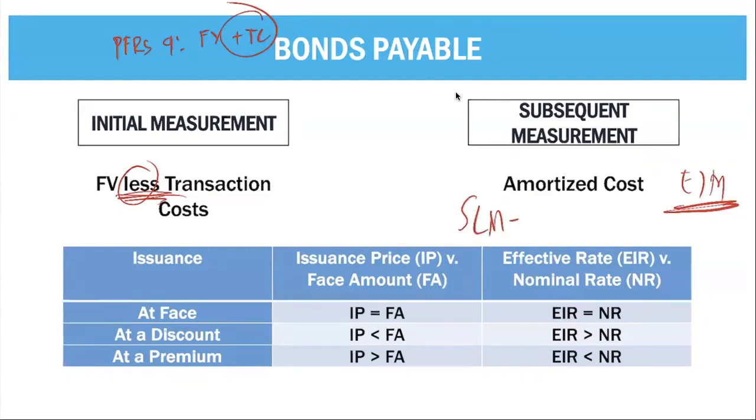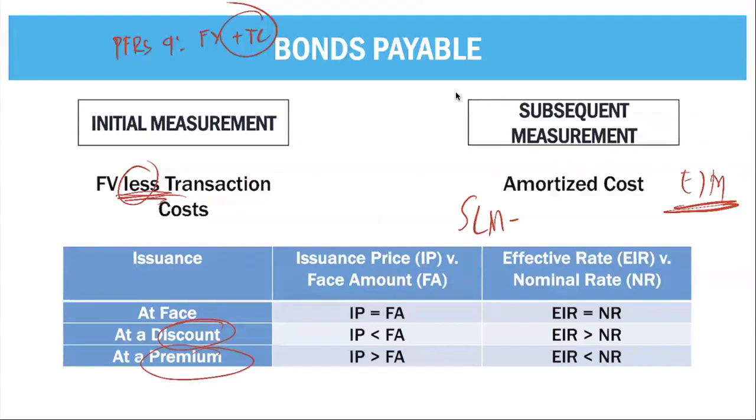So, a quick recap on the difference between your issuance price and face amount. If the issuance price is equal to the face amount, it is considered at face. If the issuance price is less than the face amount, it is at a discount. If the issuance price is greater than the face amount, it is at a premium.